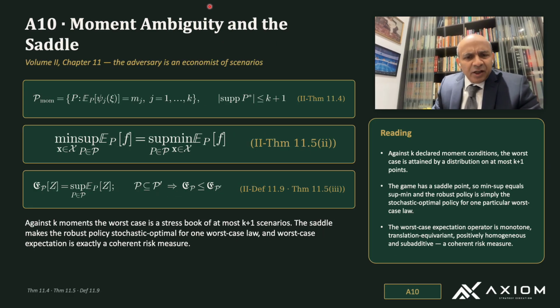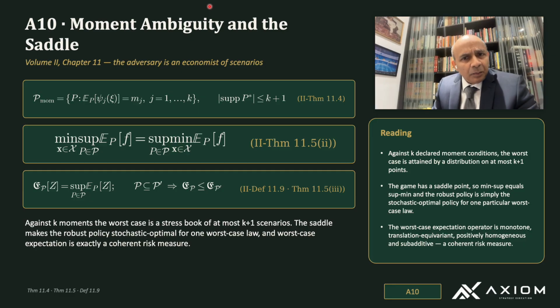Now, moment ambiguity and the saddle. Theorem 11.4. Against K declared moment conditions, the worst case is attained by a distribution on at most K plus 1 points. Theorem 11.5.